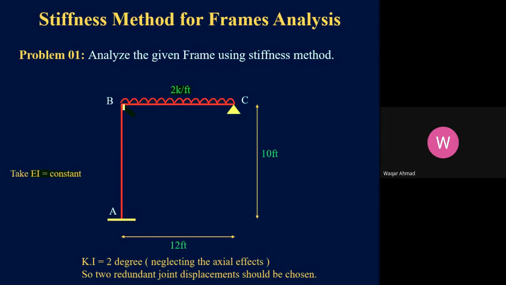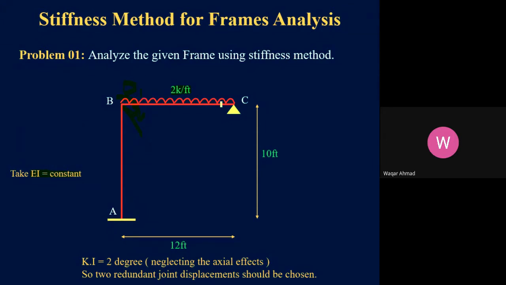It means that we have theta, one rotation possible at this point B, where member BC and member AB are connected. This point will rotate, and that rotation is due to the load applied on member BC. So I got my first theta, and here I will have my first D1.